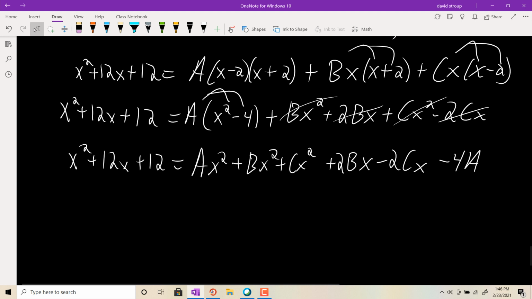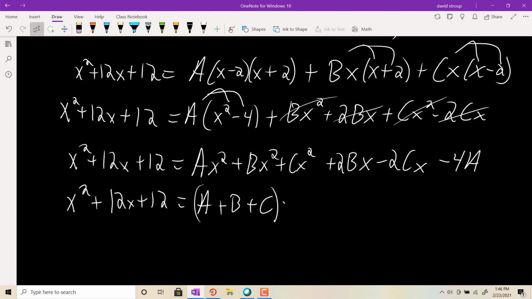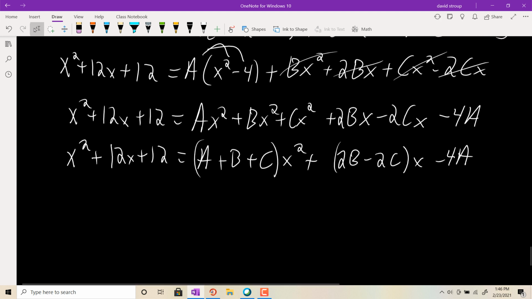All right. Now you can factor out the x squared from the first three terms and see what the coefficient is on the x squared. Then you could factor out the x from the next two terms, and then minus 4a. Okay.